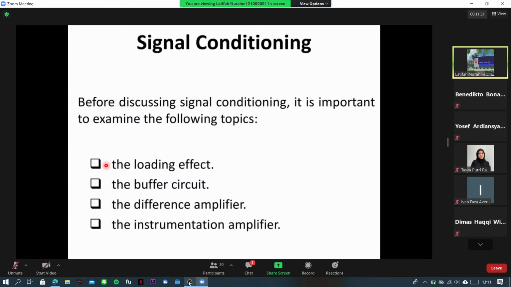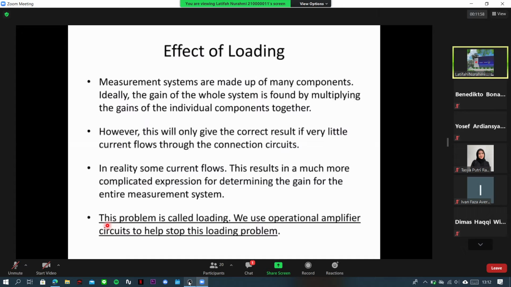But then if this RTD senses the change of temperature from your system, from your furnace, then we may call it a loading effect. Okay, there's the loading effect, there is a buffer circuit, and there's a difference amplifier, and the instrumentation amplifier. Let's take a look one by one.